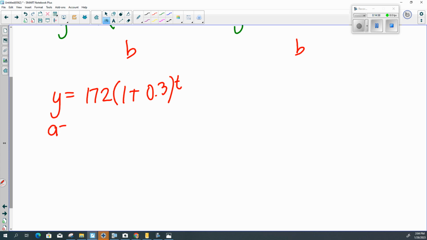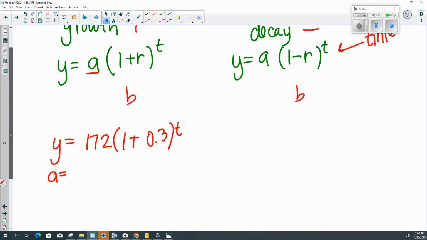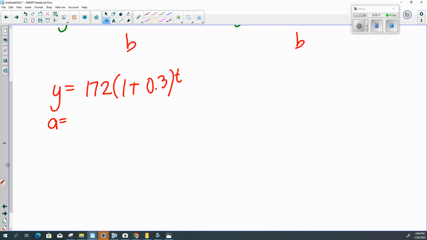Except what is a on this one? So it says a is the number that's right next to your equal sign. What is it for this one? Say it again? Yeah, what is it for this equation? Which number is it in that spot? Yeah.